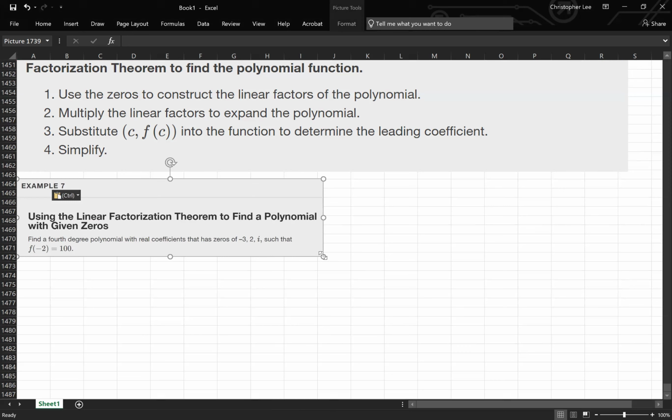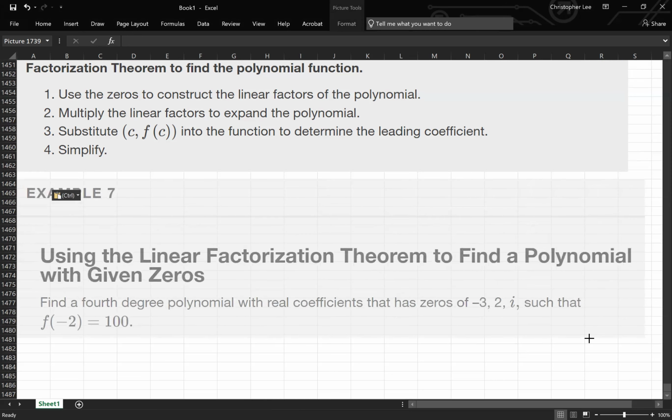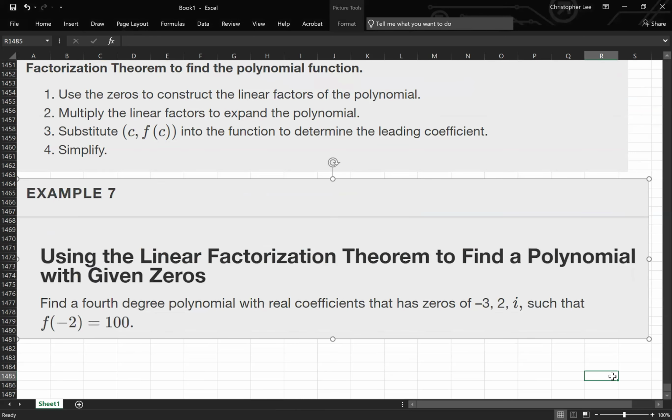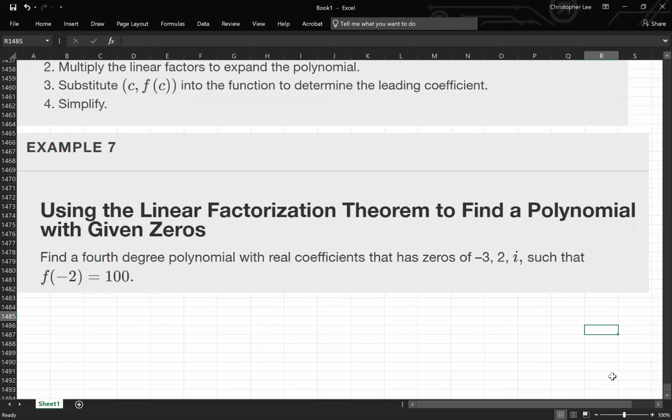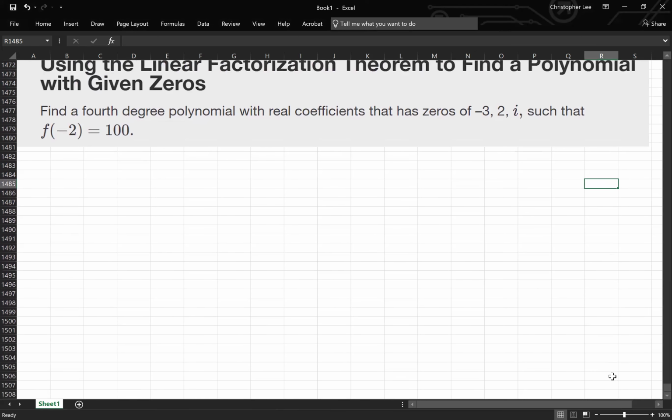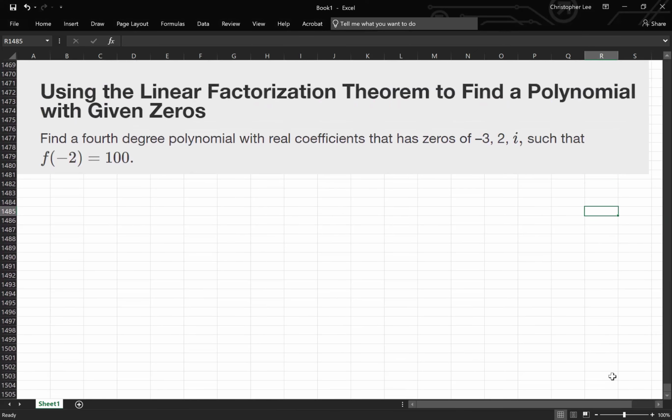So, using the linear factorization theorem to find a polynomial with given zeros. The question here is asking us to find a fourth degree polynomial, so x to the fourth power, with real coefficients, with zeros -3, 2, and i, such that f of -2 is equal to 100.